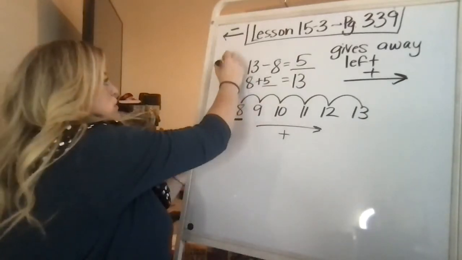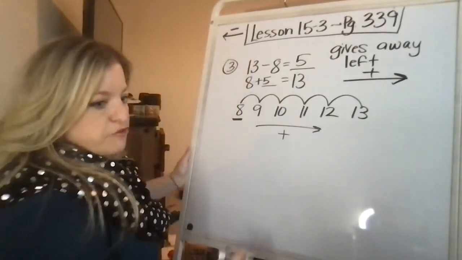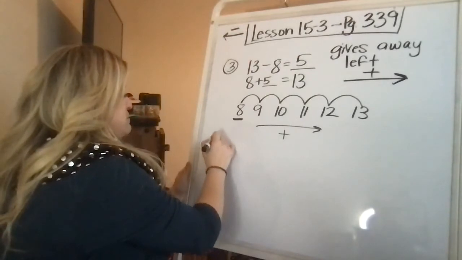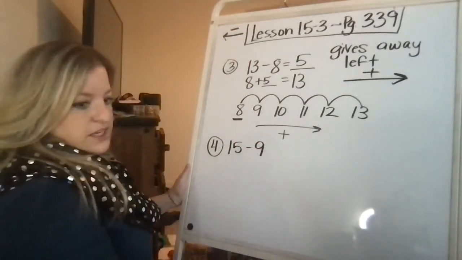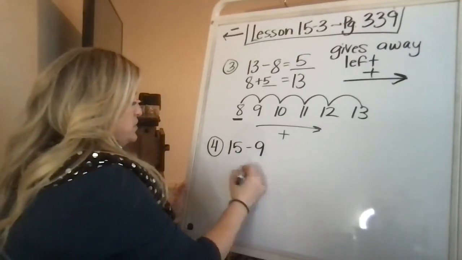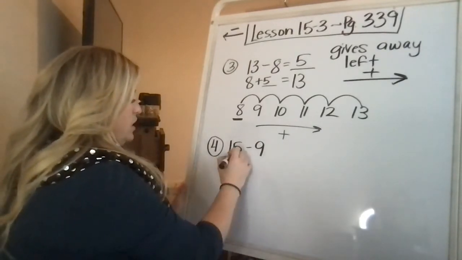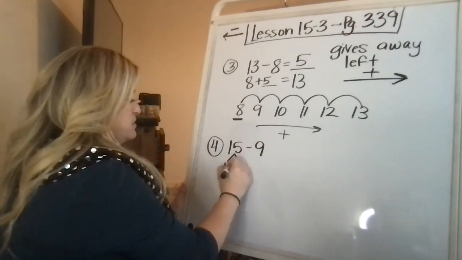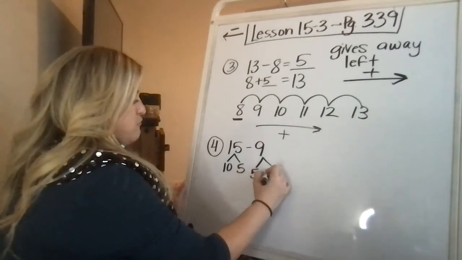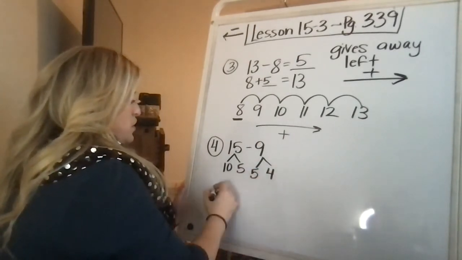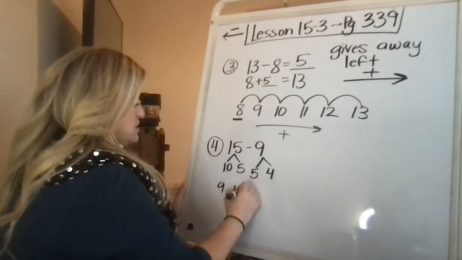That's problem number 3. All right, number 4 is 15 minus 9. All right, and I liked that one that we did. It was 10 and 5, and then it was 5 and 4. So I'm going to go backwards on the number line 9.